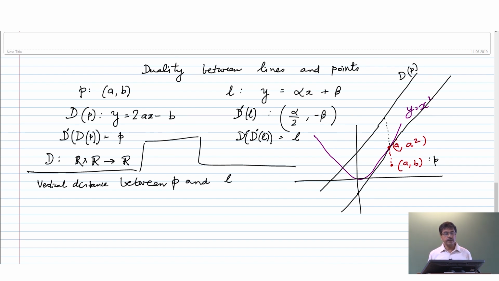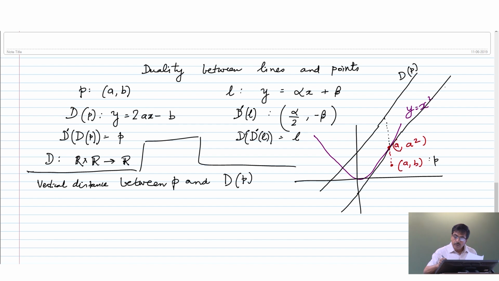So let's look at the vertical distance between point P and d of P. The equation of the tangent is what?